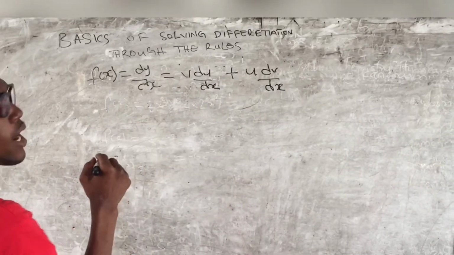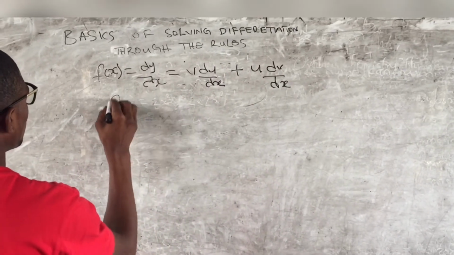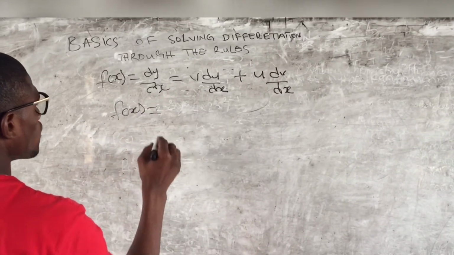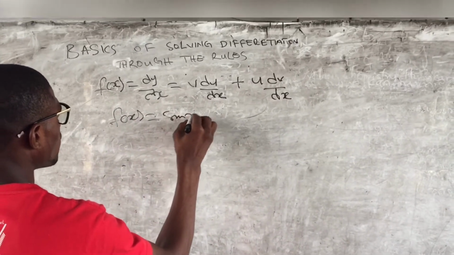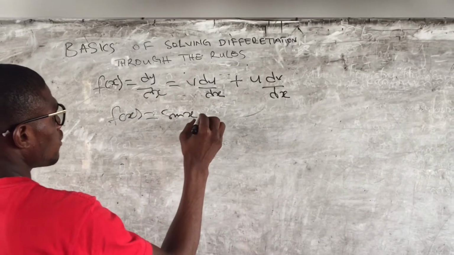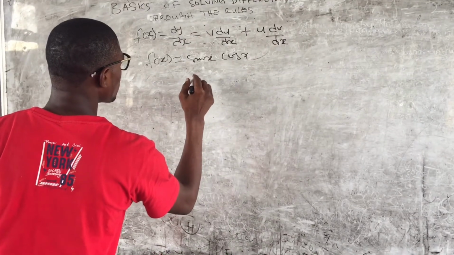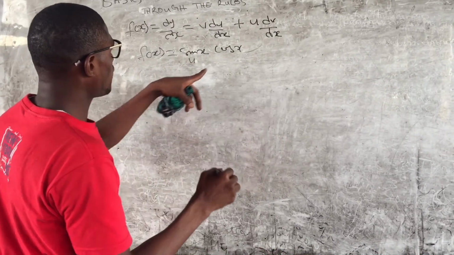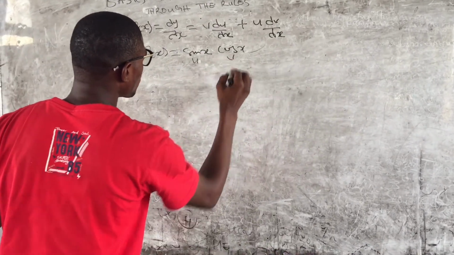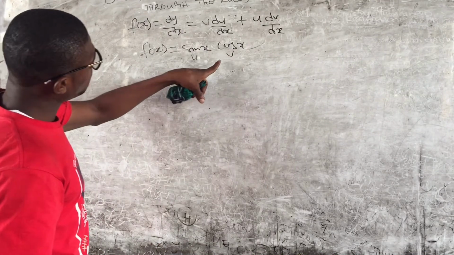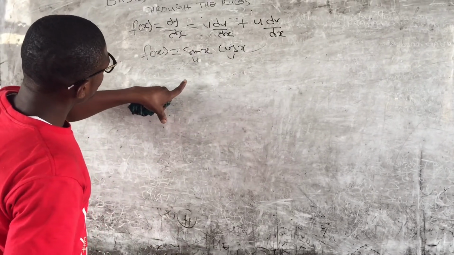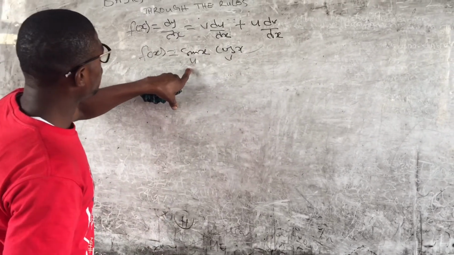So now, if I'm given f of x equals sine x cos x, I take sine x to be u, then cos x to be v. So I will multiply v times the differential value of u.